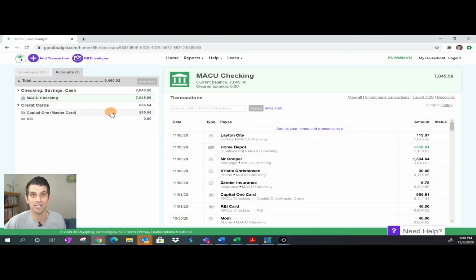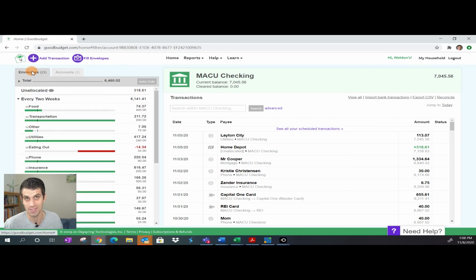The next question that often comes up is, since you've reconciled everything, do you need to do anything with the amount in the credit card? Do you need to pay it off within Goodbudget? No, you only need to pay it off when you actually pay off your credit card. Because when you're using Goodbudget, the accurate representation of where you are within your monthly budget, as long as everything is reconciled, is your envelopes.